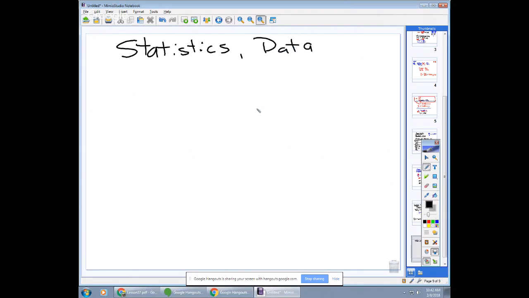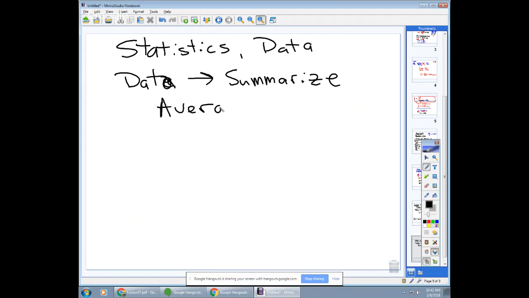So anytime we collect large amounts of data, we looked at this at the end of chapter 2, we often summarize the data by doing things like calculating, what's the average? What's another name for average?